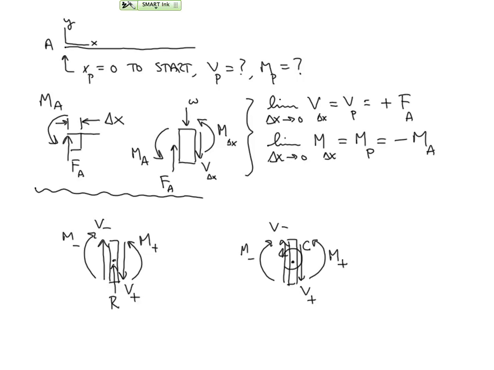Equilibrium of a segment including the concentrated load tells us that the jump in shear force distribution is plus R with no discontinuity in bending moment in the one case, and also tells us there's a jump in bending moment of minus C with no discontinuity in the shear force in the second case. Again, the difference in the sign of the jump is due to the difference in sign convention between V and M. Now let's take a look at some examples to see what's involved in practice in using the integration approach.